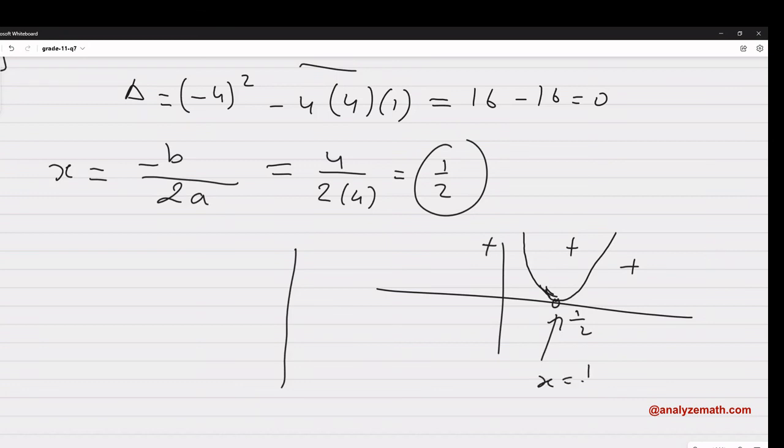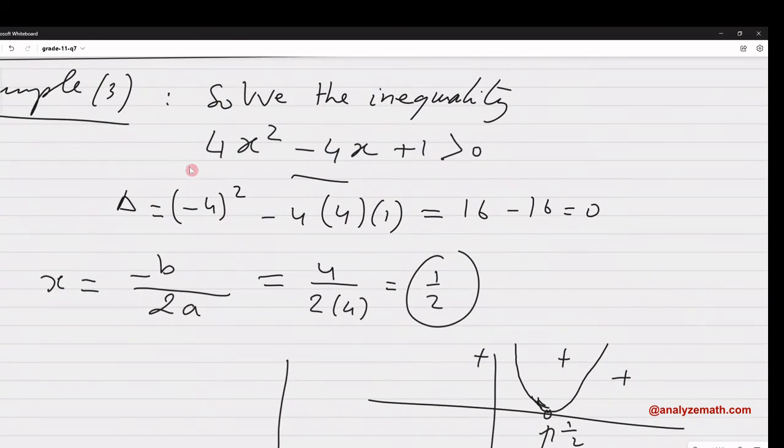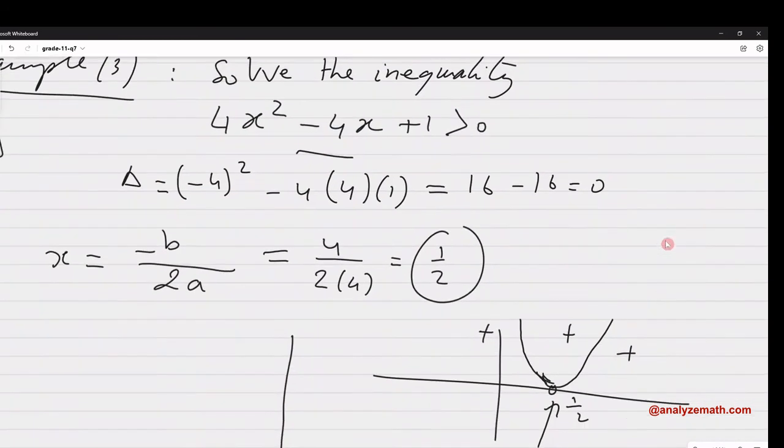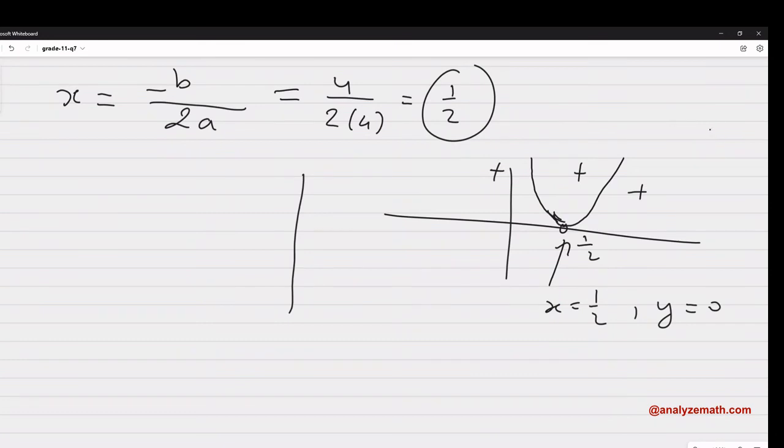So when x equals 1/2, y is equal to 0. Now let's look at our inequality. What do we want? We want strictly positive. So the solution set, using interval form, is from -infinity to 1/2, union 1/2 to plus infinity. This is the solution set.